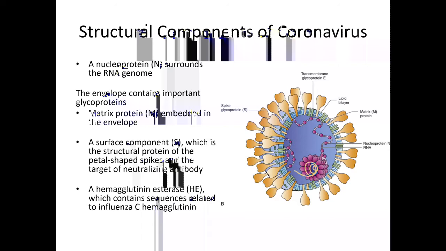But what this did do is it spurred a lot of interest in coronaviruses in general, and so there was a lot learned about their structure and function, and this schematic shows some of the important parts of the virus. So it has a positive stranded RNA genome surrounded by a protein. It's called a nucleoprotein.